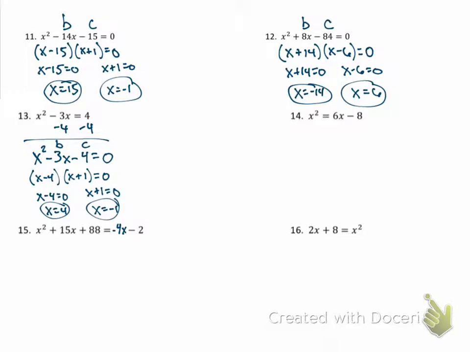14, same thing. It's not equal to 0. We got to get it equal to 0. Now, typically in algebra, it doesn't technically matter which way you move your terms, theoretically. But to make this just a little bit easier, if you notice all the other problems we've done so far, the x squared has been positive. None of the problems have a negative x squared.